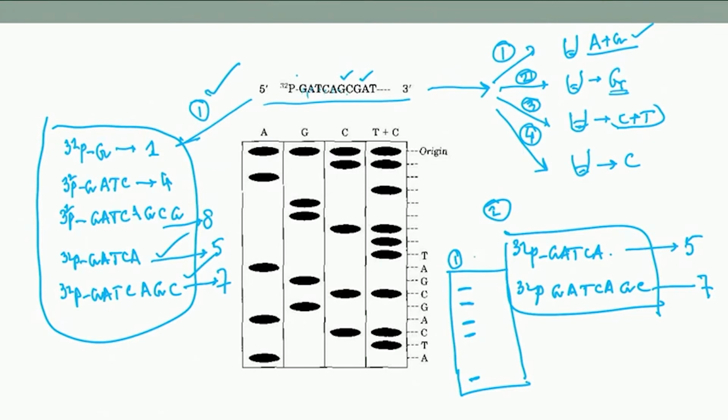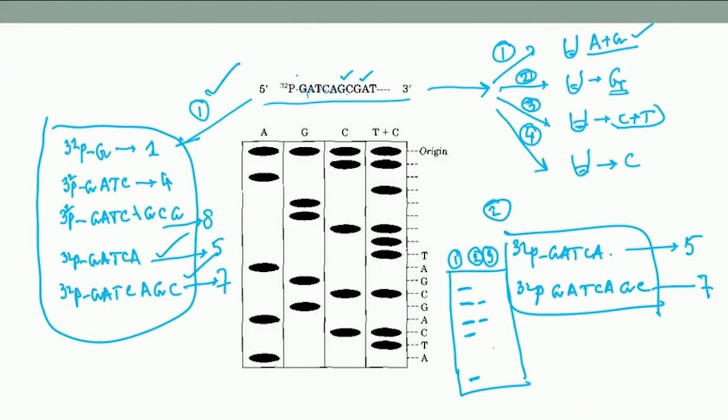And if you take the second test tube, how many bands you will see? 5 and 7. So that means this is 4, that is 5. So you will see a band here, and you will see a band here. Okay. Similarly, when you take the number 3 test tube, how many bands you will see? That means C here. So the number of your bases is 3.